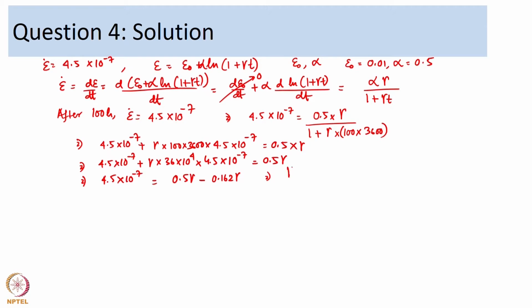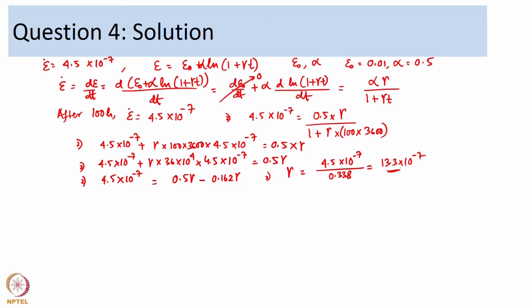So, this implies gamma is equal to 4.5 into 10 to the power minus 7 divided by 0.338. So, that gives gamma as 13.3 into 10 to the power minus 7. So, that is the value of gamma.